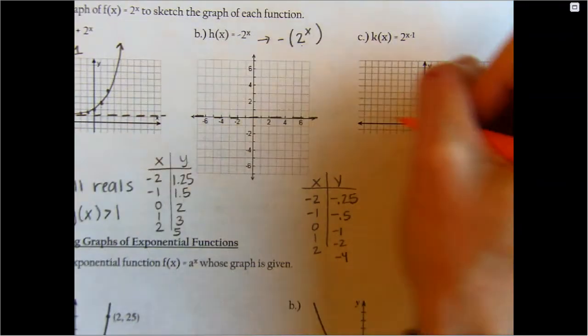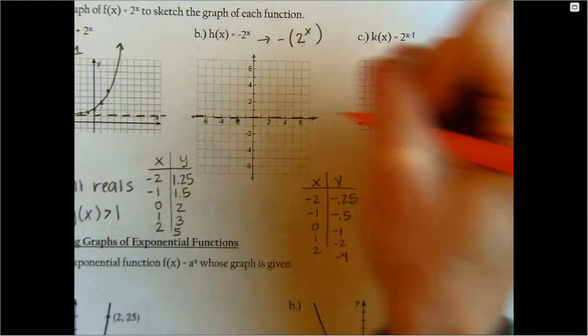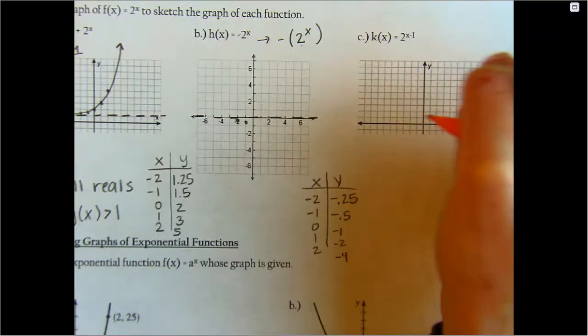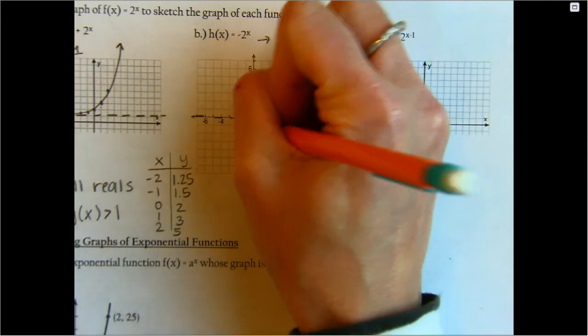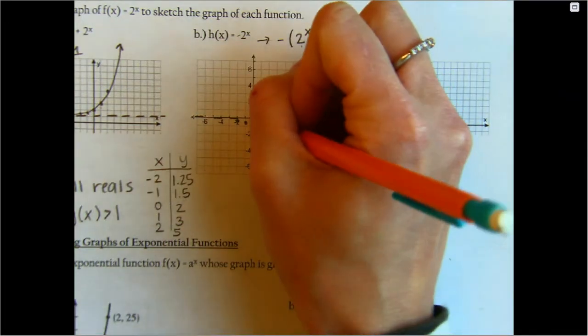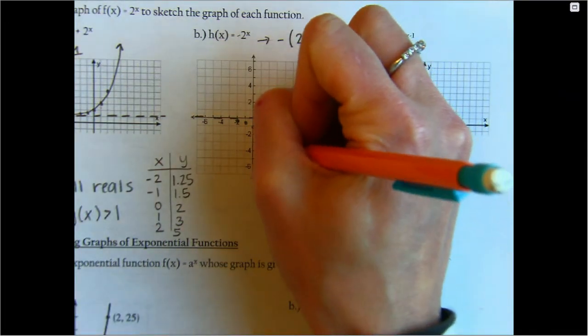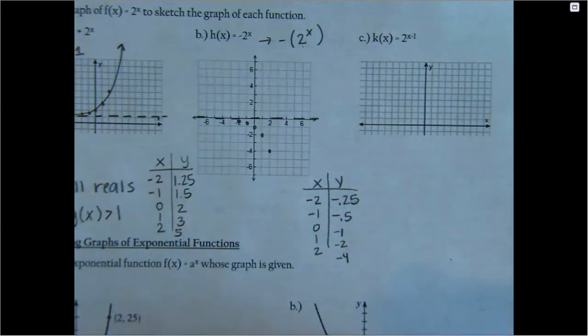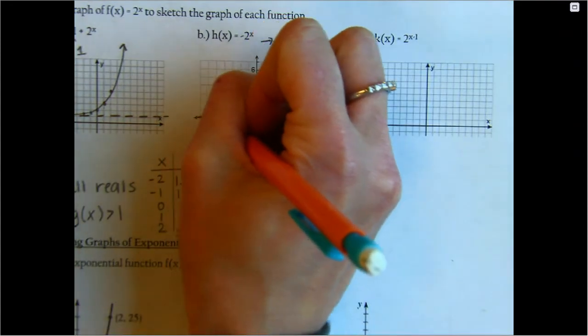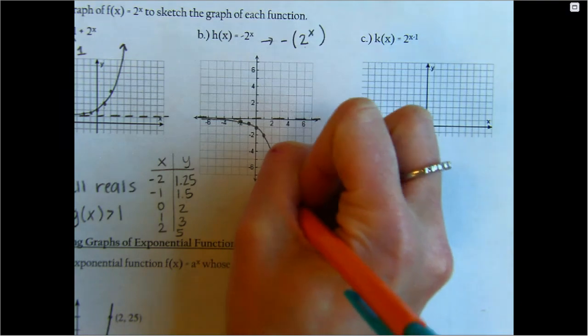So what that would look like: -2, -1/4; -1, -1/2. My y-intercept flipped to be -1; 1, -2; 2, -4. So I know I'm still going to level out here.